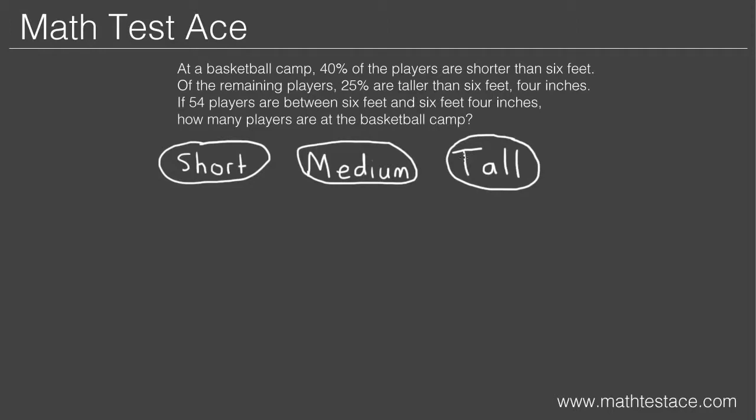Now we're going to draw what we know about the percentages of the players in each group. The short players are 40% of the total. Let's just draw a little arrow and write 40%.